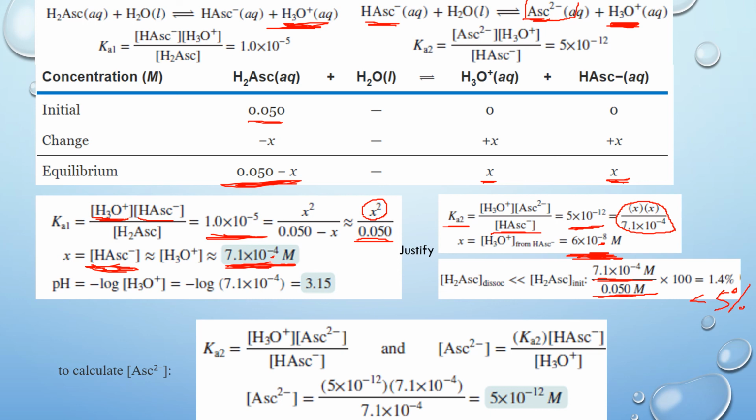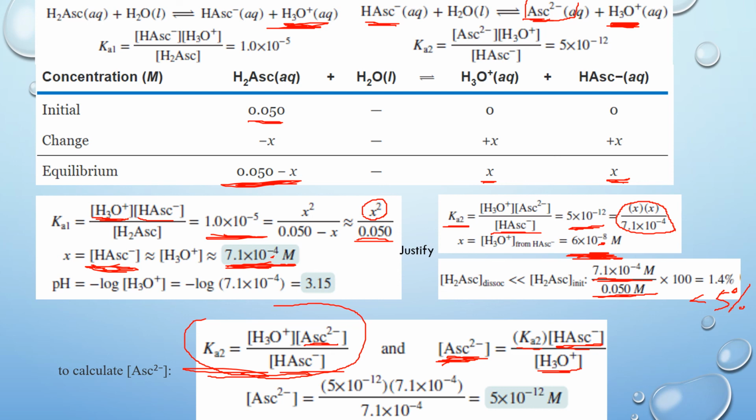To do that, we use the Ka2 value from the second equation. To calculate the concentration of this conjugate base, we can rewrite the equation: move the unknown to the left-hand side and everything else to the right-hand side. So the concentration of the second conjugate base is equal to Ka2 times the concentration of the first conjugate base divided by the concentration of proton in the system.